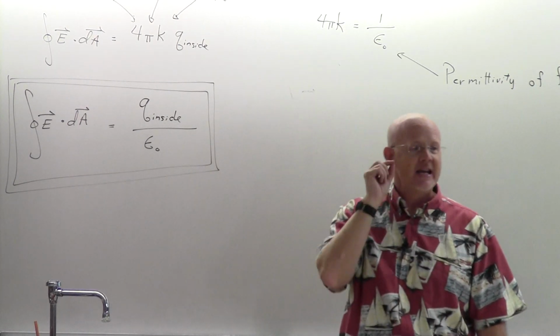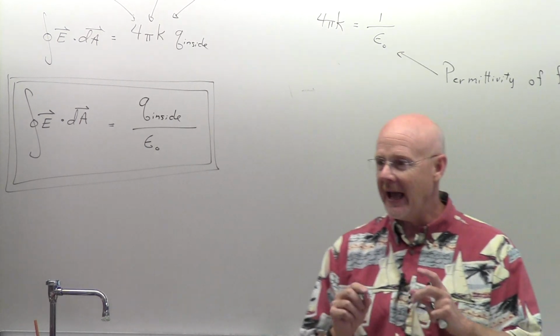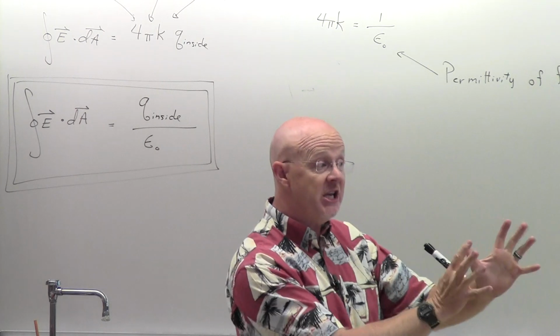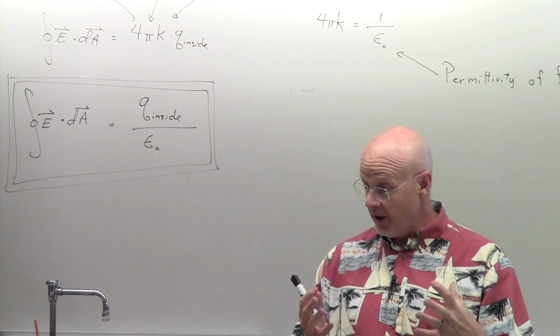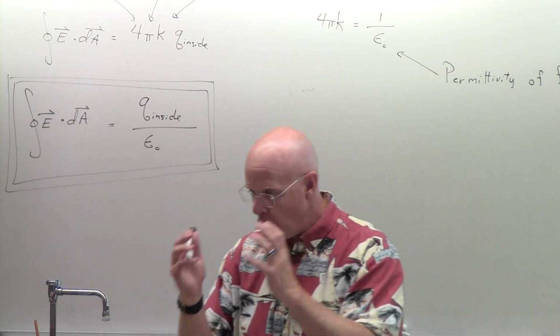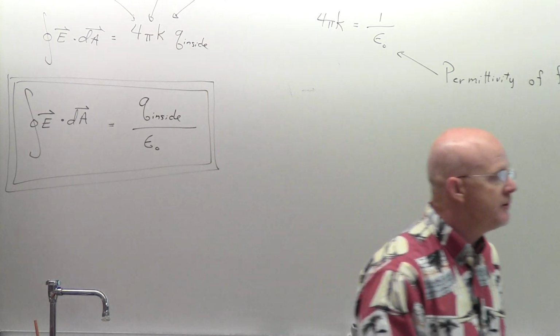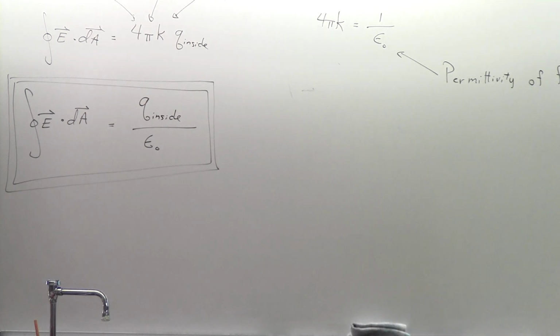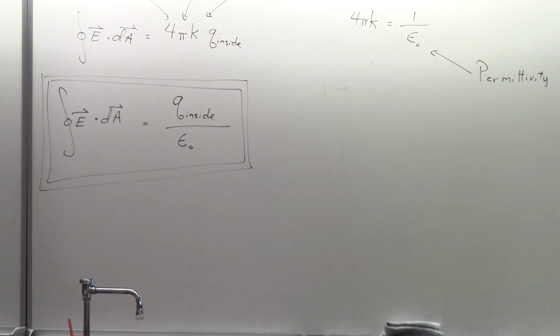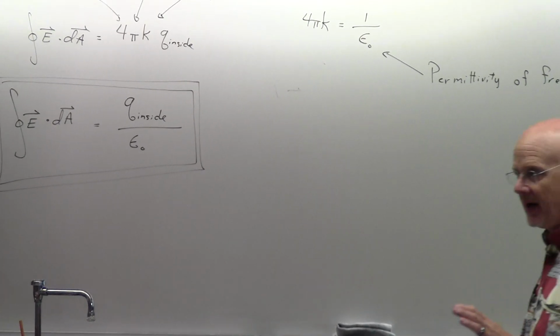This is a way to get the electric field. Looking at a surface, pick a surface, any surface. It can be a sphere, it could be a cube, it could be a cylinder, you name it, you pick it, you do the calculations. That will allow you to find the electric field. But I will tell you, some of the surfaces that you might pick will not make the calculations easy, may even make them impossible.